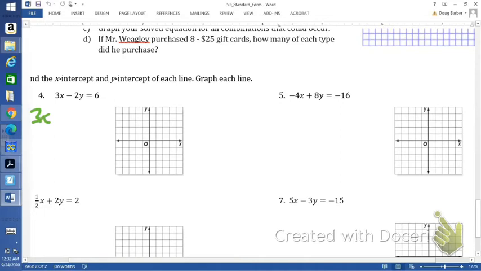So 3x minus 2 times 0 equals 6. So 3x equals 6. So x equals 2 if we divide both sides by 3. So x equals 2. That's a y-intercept. I'm sorry, that's the x-intercept.